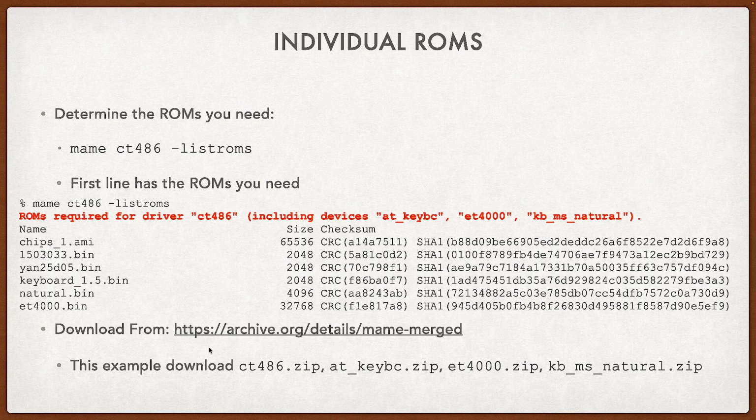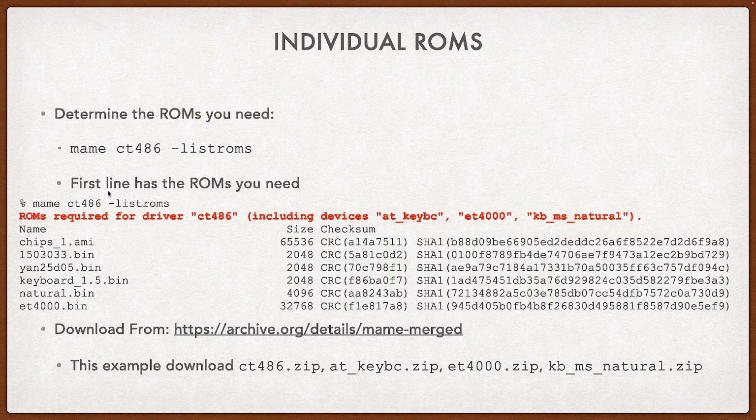Now we're going to talk about if you do not want to download a full set, if you only want to download ROMs for a specific machine, how you would go about that. The example that I have here is what we're going to use in this demo because it's December. I'm going to use this CT486 machine, and you simply run this command, list ROMs.